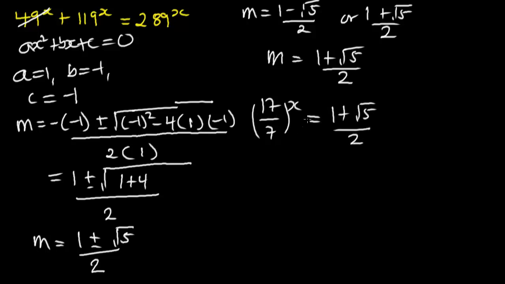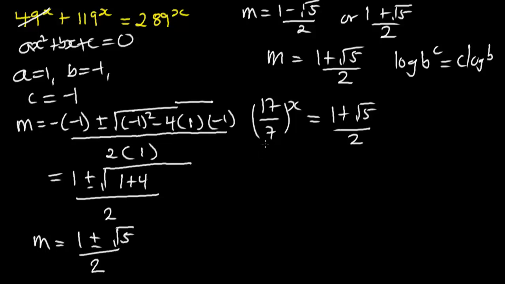So from here, if we want to make x the subject, we can do that by taking logarithm of both sides, since we know that log of b exponent c is the same as c times log of b. So if we know this property, we can make x the subject over here.